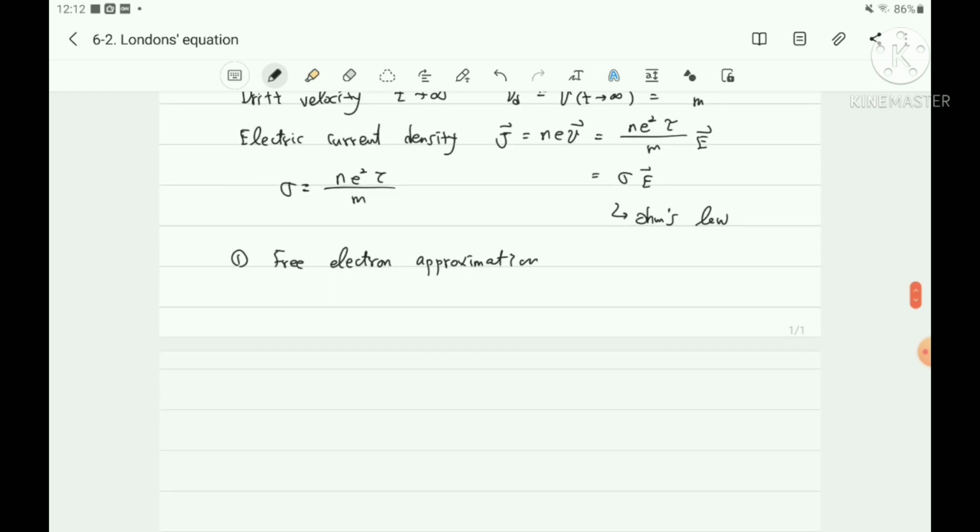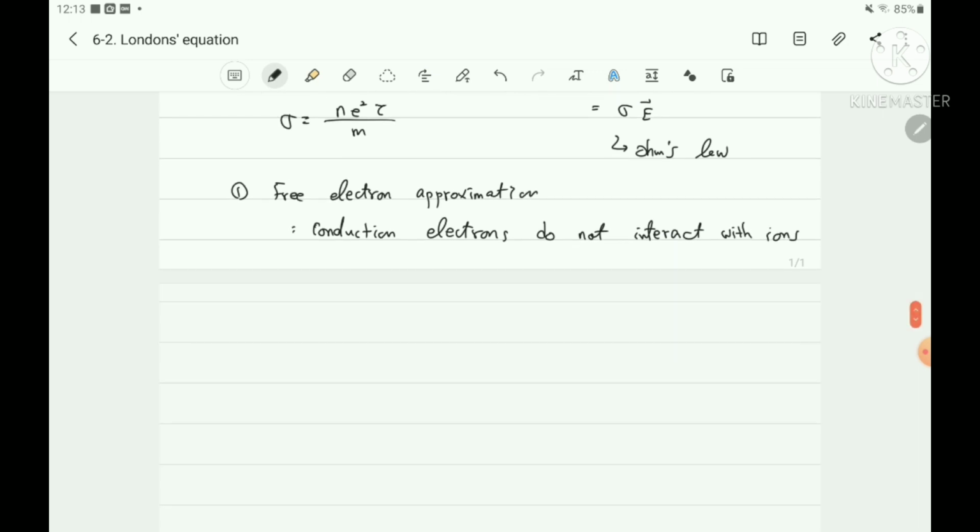It is a free electron approximation. The second assumption is the relaxation time approximation.